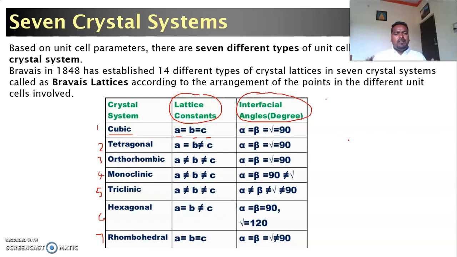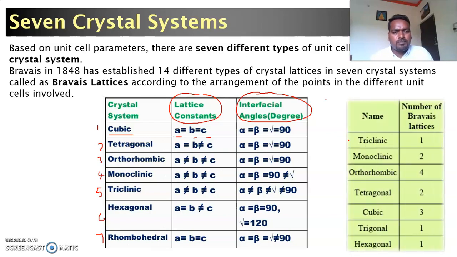Further, these 7 different crystal systems or unit cells form 14 different unit cells. These 14 unit cells are called Bravais lattices.